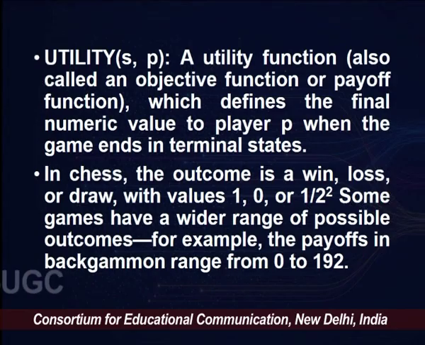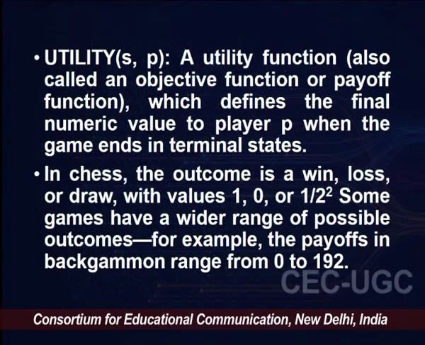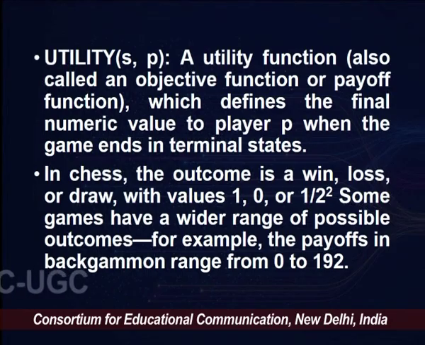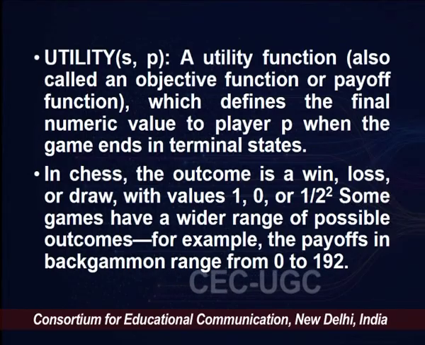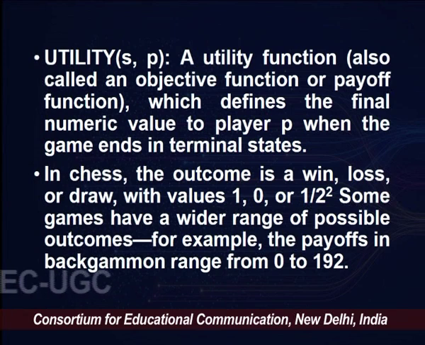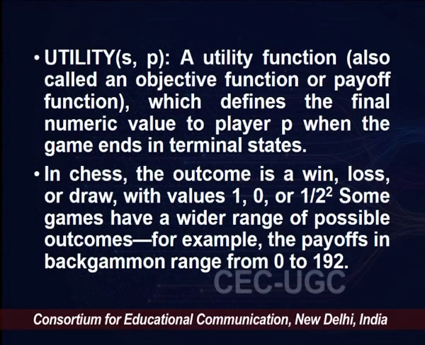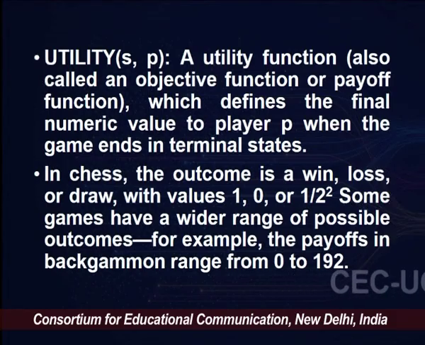Some games have a wider range of possible outcomes. For example, payoffs in backgammon range from 0 up to 192. But in the case of chess, we do not have a much wider range of possible outcomes. Possible outcomes can be a win, a loss, or a draw.